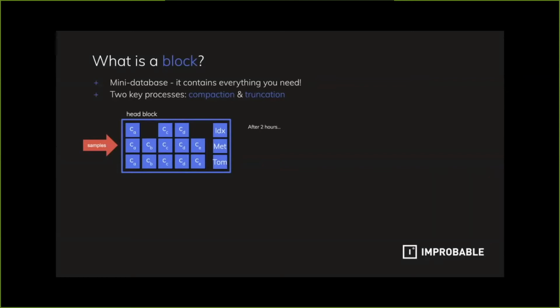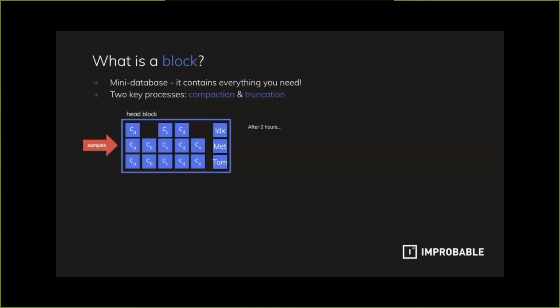Compaction is a process that takes any number of blocks as input and compacts these into a new block containing all of the information of the input blocks. Here, we are talking about it in the context of compacting the head block, but it also applies to compacting multiple on-disk blocks into bigger blocks covering a longer time range.